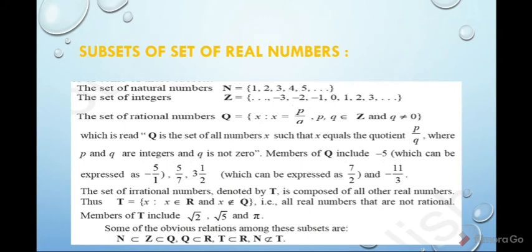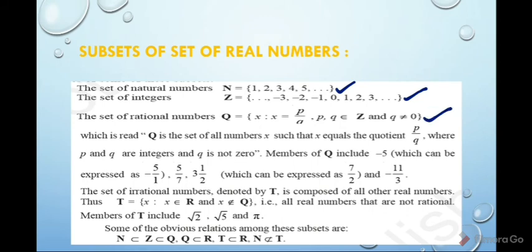Now here is a discussion about subsets of the set of real numbers. You know, the natural numbers are the collection of the numbers 1, 2, 3, 4, 5 and so on. Integers are the collection of the numbers 0, 1, 2, 3, 4 and so on, and again minus 1, minus 2, minus 3, minus 4 and so on.